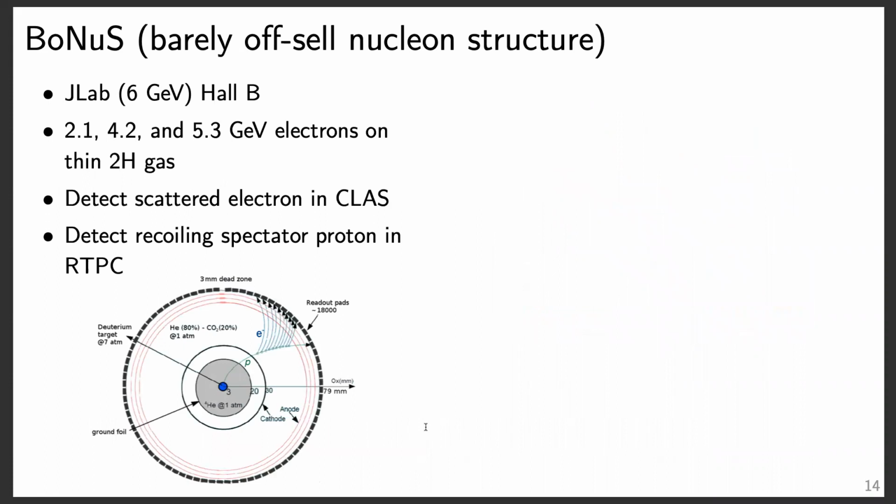BONUS was an experiment that ran in Jefferson Lab Hall B during the 6 GeV era. They ran at 3 different beam energies between 2 and 5 GeV. Their target was a thin deuterium gas target. The scattered electron was detected in the CLAS large acceptance spectrometer, and the recoiling spectator proton was detected in a dedicated radial time projection chamber that was constructed just for this experiment.